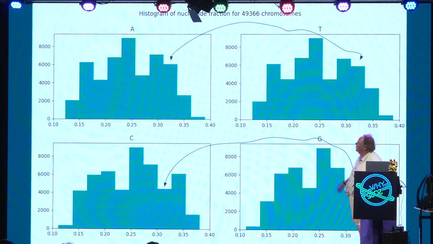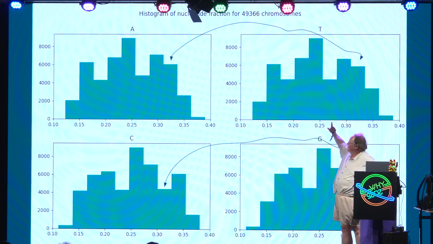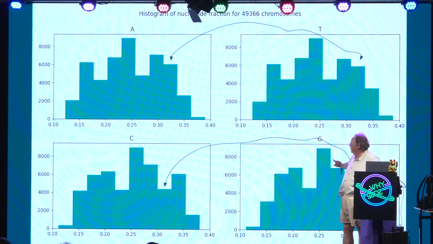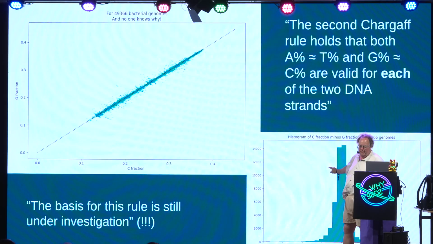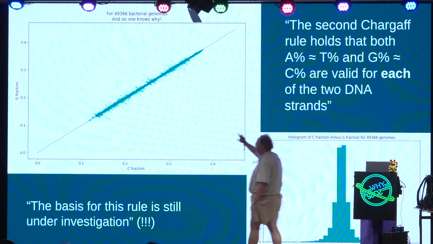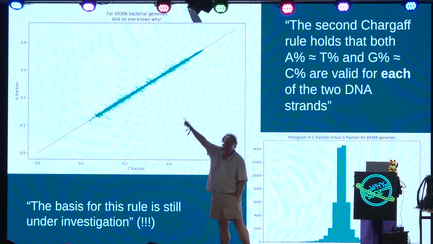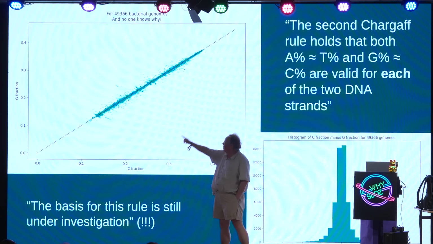So what we have learned from this is that bacteria apparently have the same amount of A as the amount of T, and the same amount of C as G. And if you plot it like this, from almost 50,000 genomes, this is the fraction that is C, that is the fraction that is G. And you see that these fractions are almost identical.